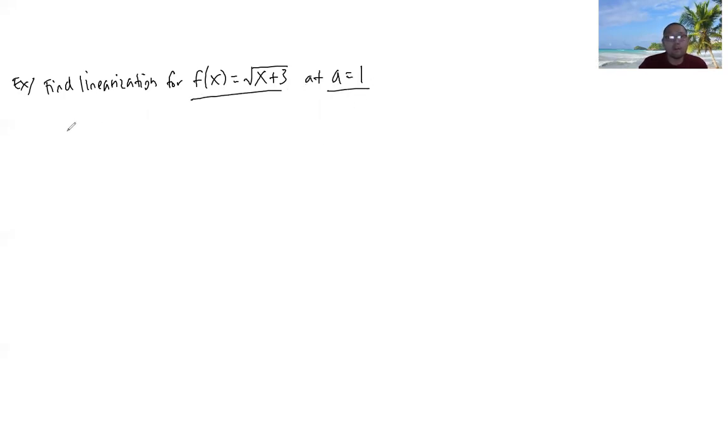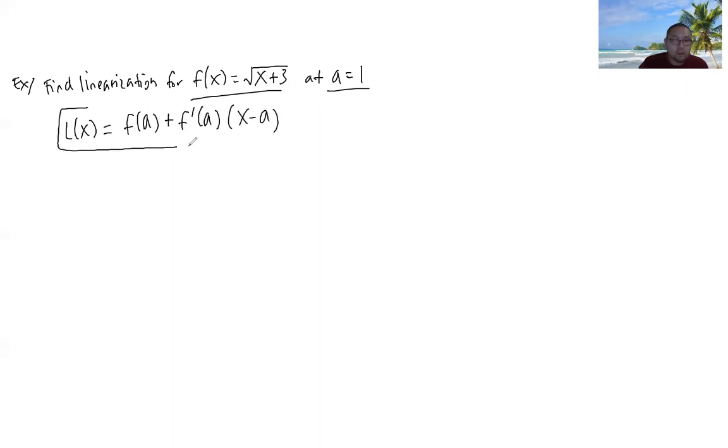So find the linearization for f of x is equal to square root of x plus 3 at a is equal to 1. Your formula is going to be f of a plus f prime of a times x minus a. Go ahead and pause the video and give this a try, and then we'll go over it together.